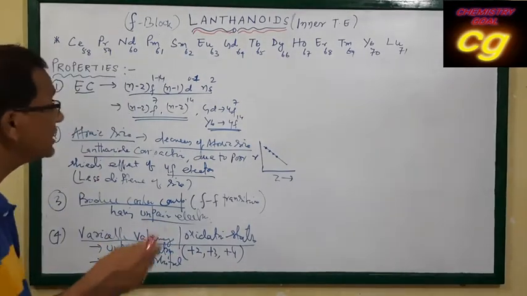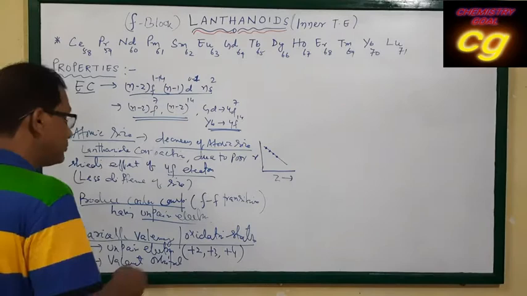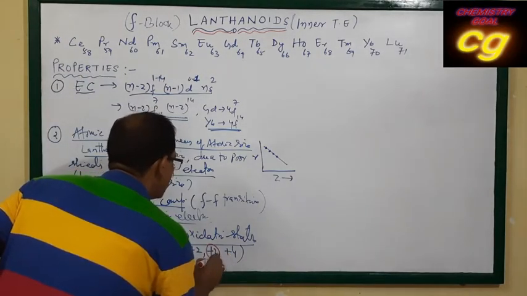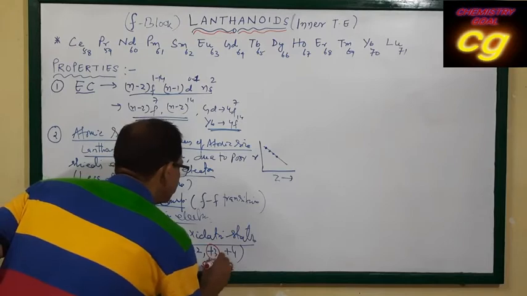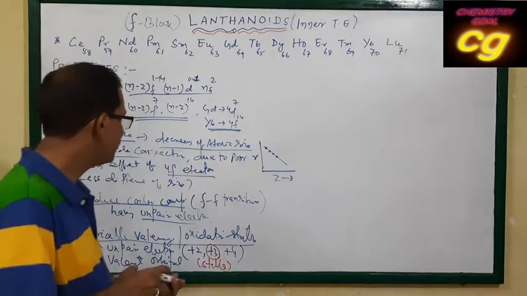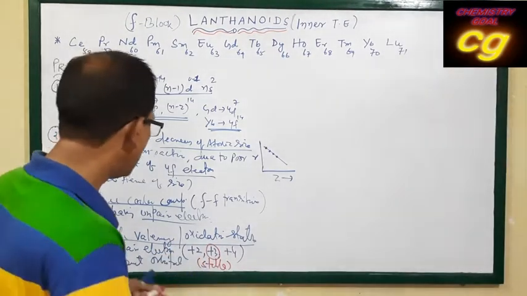But +3 is highly stable. This one is highly stable in aqueous medium. +3 is more stable compared to +2 and +4.